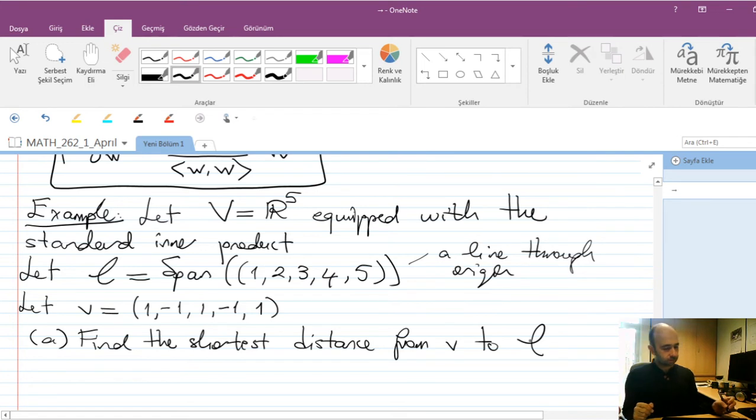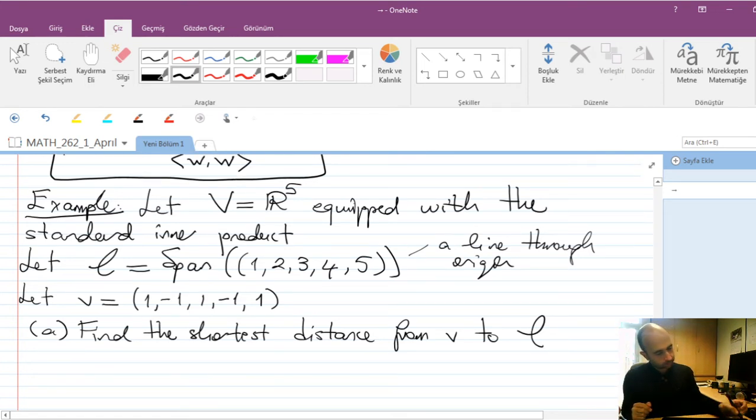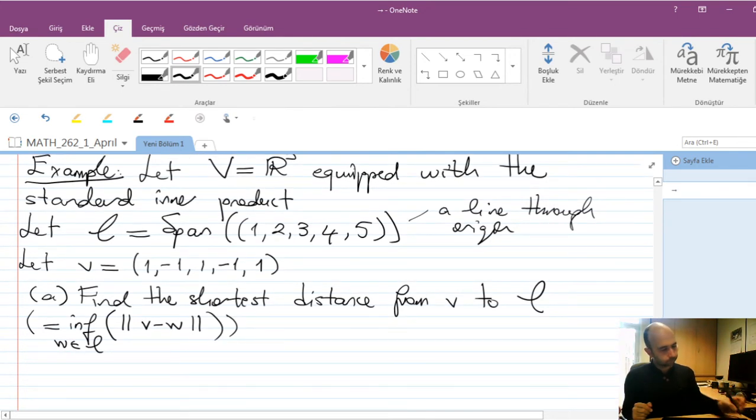Okay, I didn't define this technically, but this just means the infimum of, if you like, the distance or the length of V minus W, where W is in L. Okay, actually by a small compactness argument, this is actually the minimum, but anyway. So that's the first question.